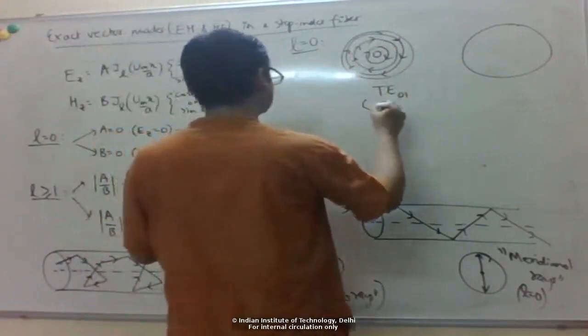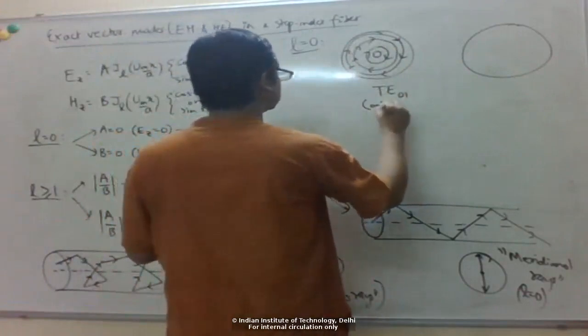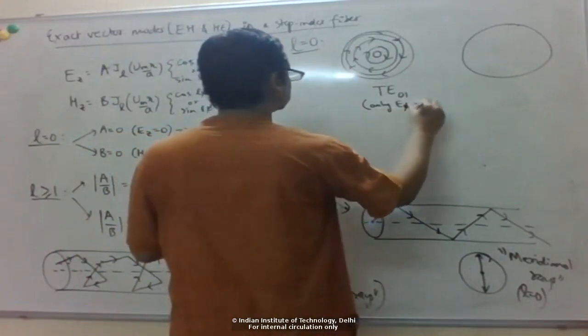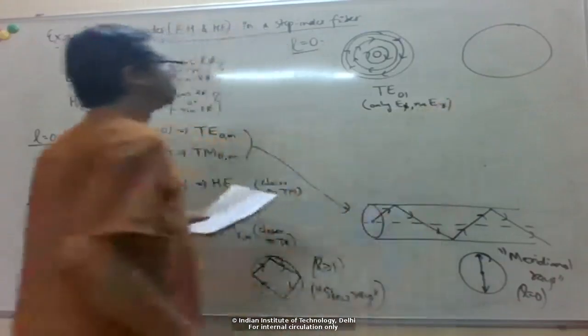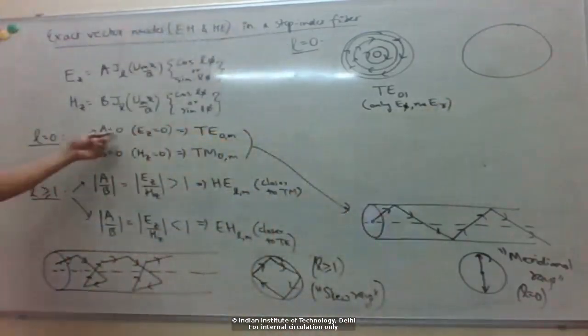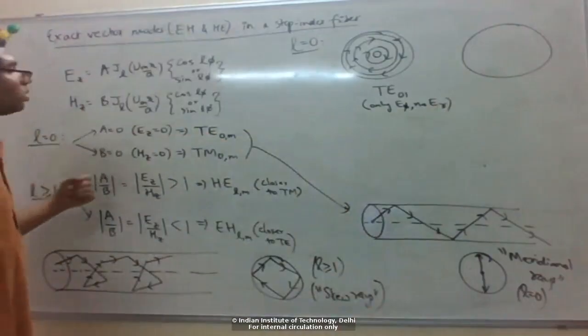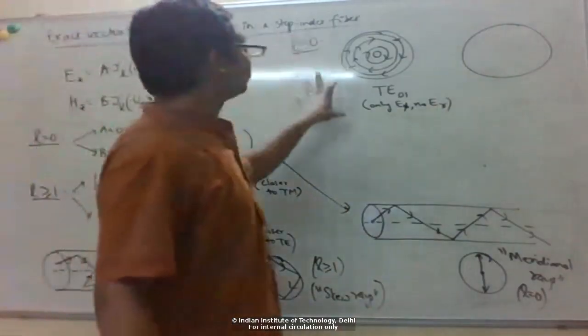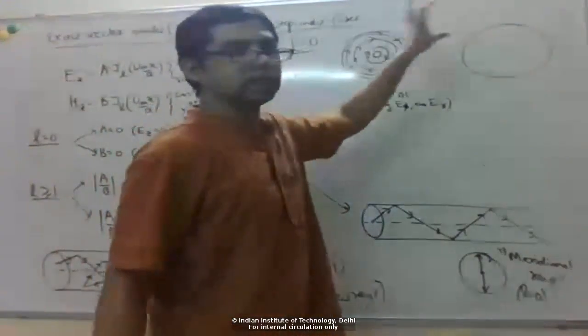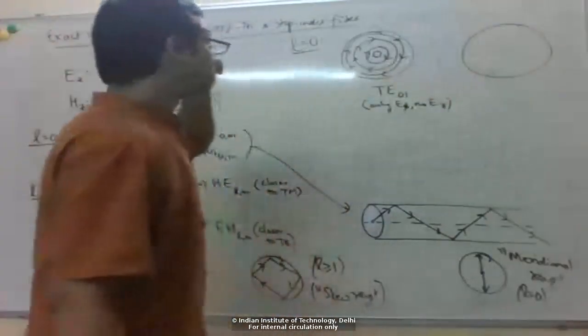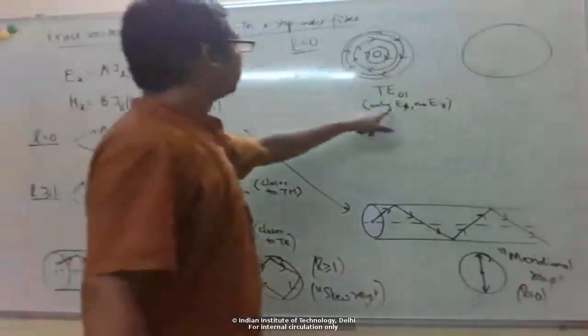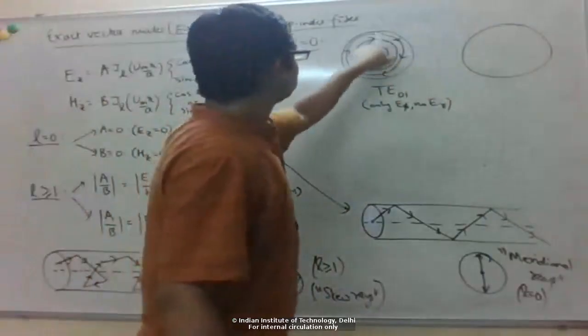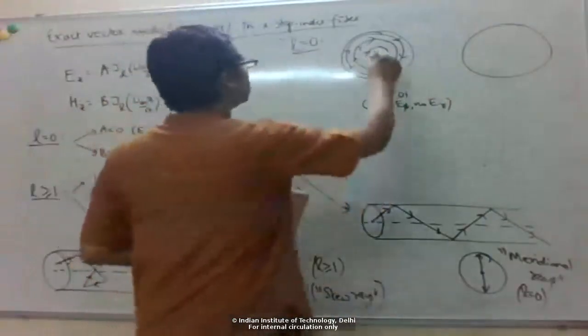Okay, so basically, again, that is coming from either A or B being 0, right? Again, in the expression for E_r and E_phi, we had E_z and H_z, so that one part will be 0. Okay, so then only one of the E_r or E_phi will survive.